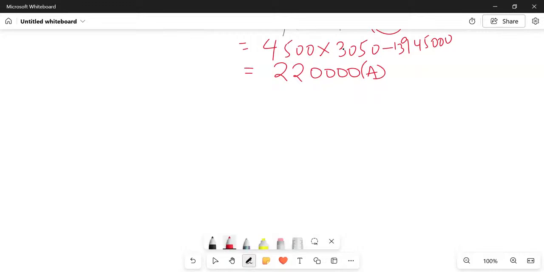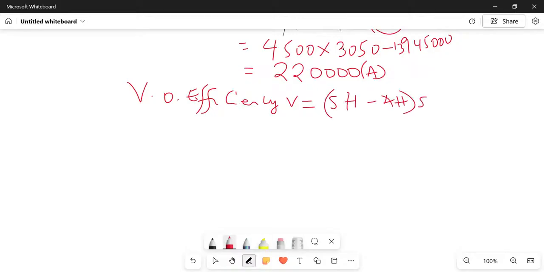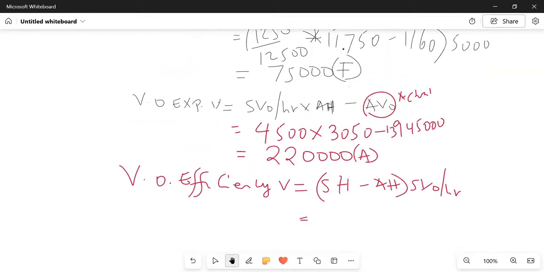So let me now try it. Remember, it is variable overhead efficiency variance, which will be SHAR. And then outside here, we have the standard variable overheads per hour, because it's variable overhead efficiency. So the question is, do we have these standard hours for actual production? Yes, we do.